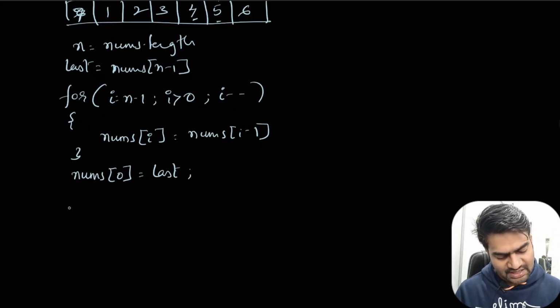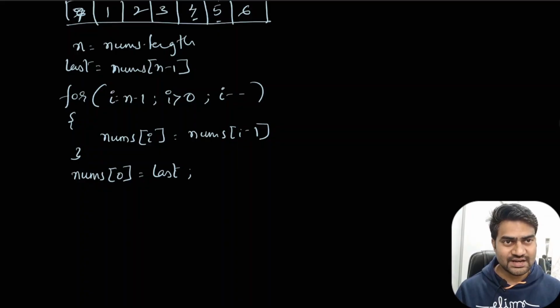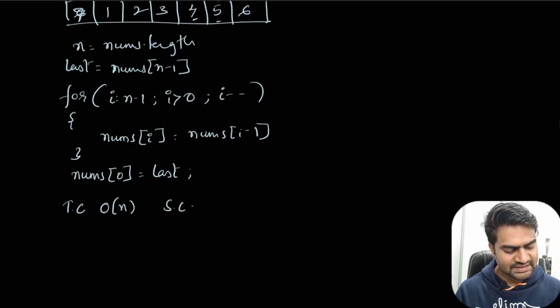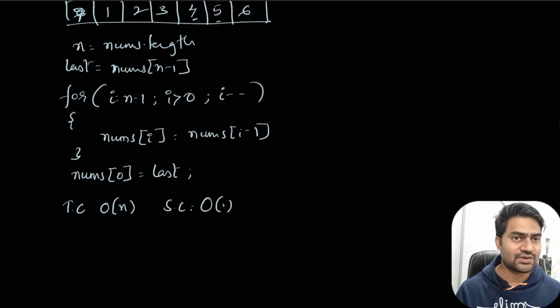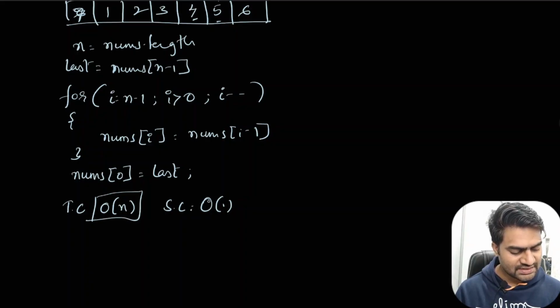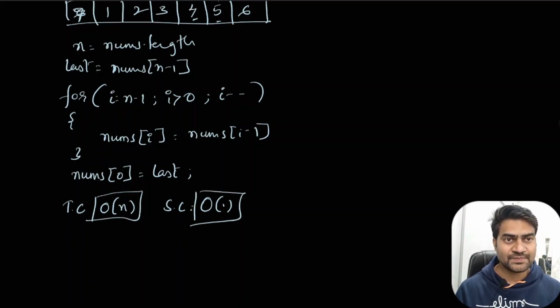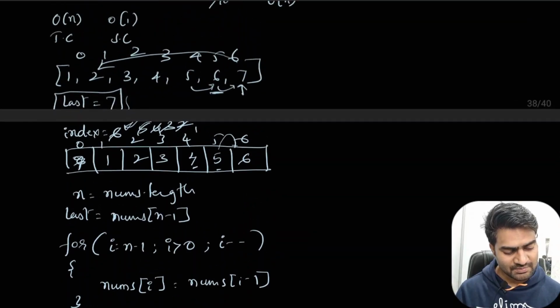So if you see, we do n shifts, right? That's why the time complexity is of order n, but space complexity is of order 1 because we are not using anything extra here. So this is for moving one position towards right, but that is not the problem here.